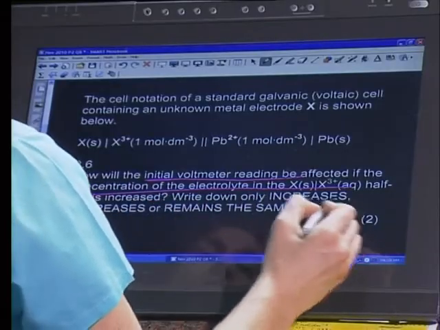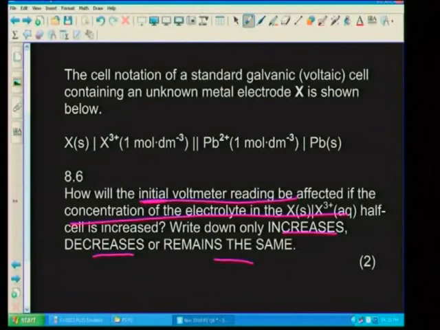So if you go and look over here, they want us to only indicate whether it is going to increase, decrease, or remain the same. Now, by increasing the concentration of the electrolyte over here, I'm increasing that part. So let's just open that up so you can see what I'm talking about. You're increasing the concentration over there.